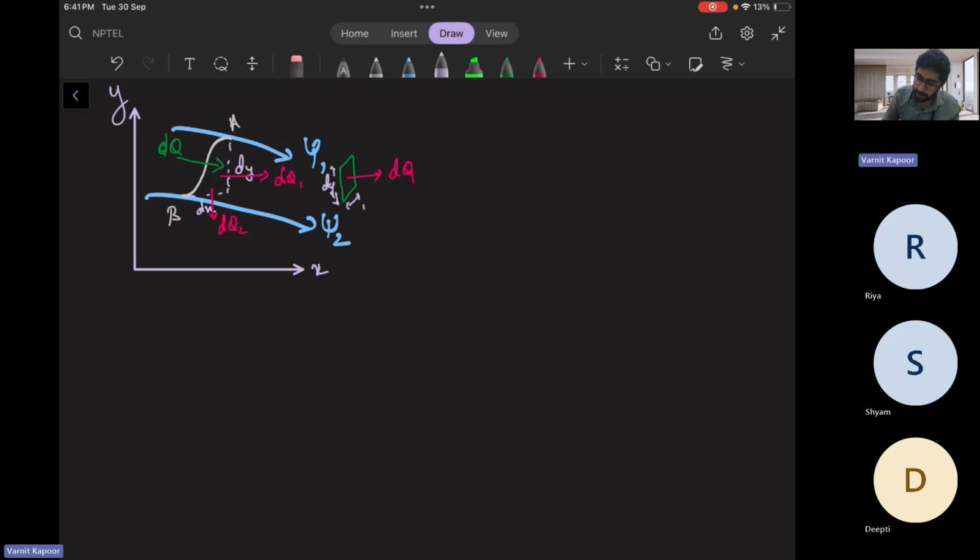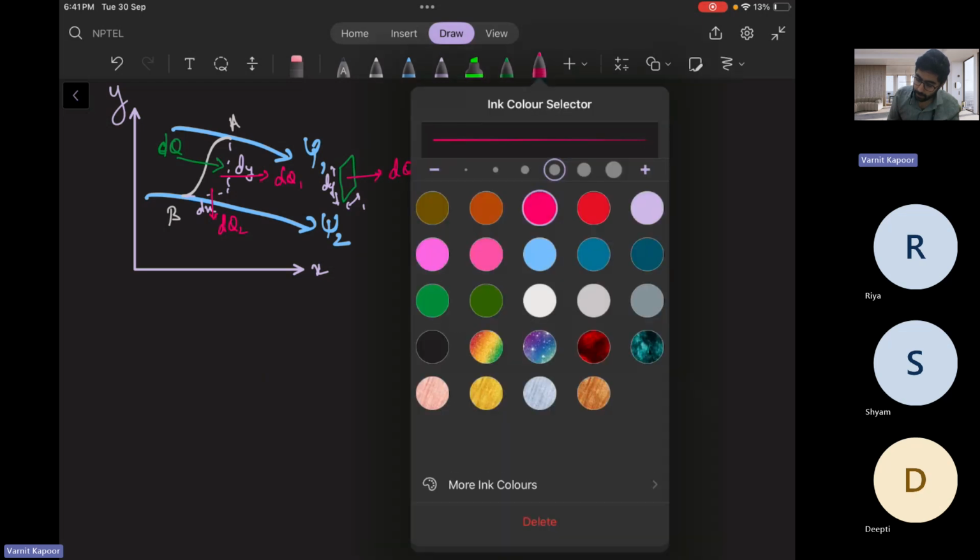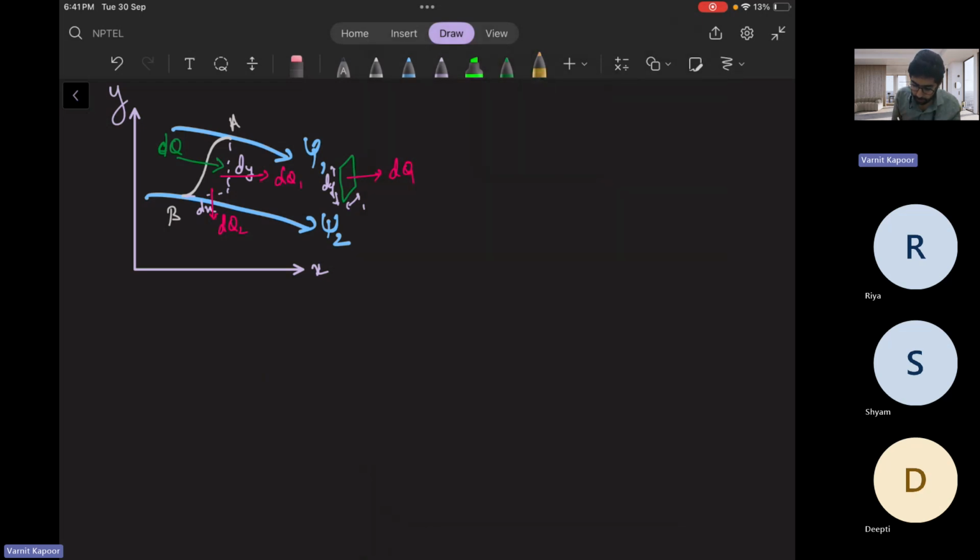Whereas for the other one, this is dx and this is 1, and here the discharge is dq2.